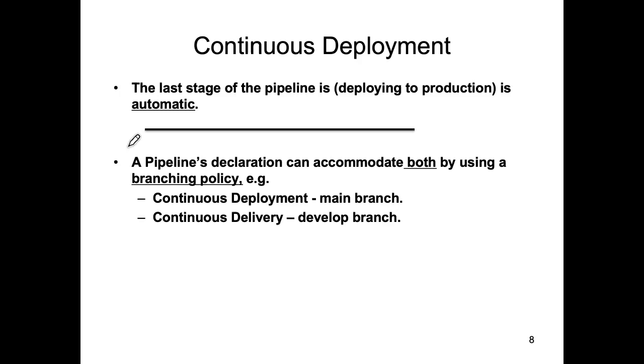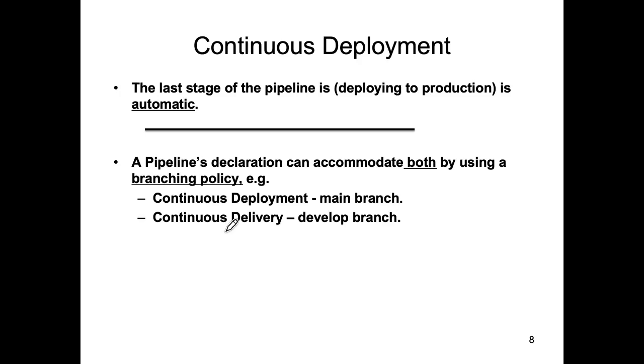The branching policy you might follow is whenever a change happens to the develop branch, we want to run our entire pipeline, but the deployment to the production environment does not happen automatically. It's a manual step. However, when we make a change to the main branch, then the last stage of the pipeline, deployment to the production environment, should be automatic. And it's possible to declare your pipeline so that it satisfies both of those requirements.